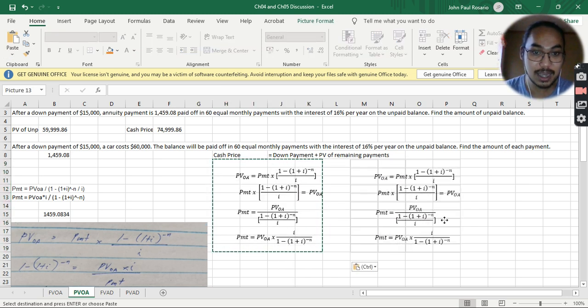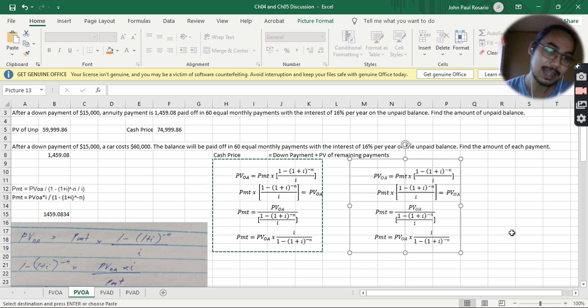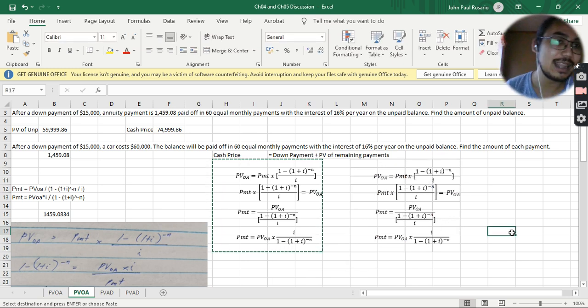Okay. So this is just to ensure that the formulas are intact even though I will upload it later on. So with this formula, we can now solve for our payment.